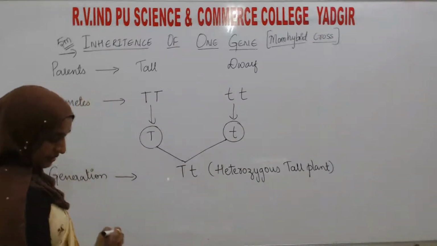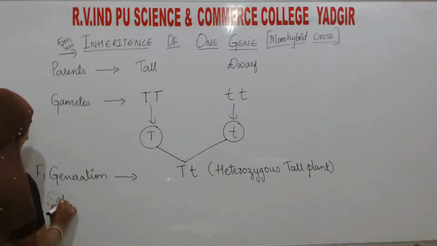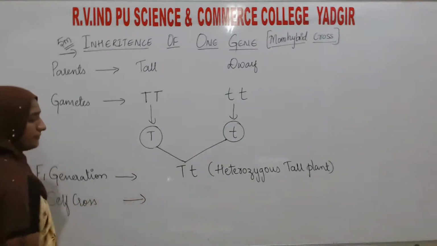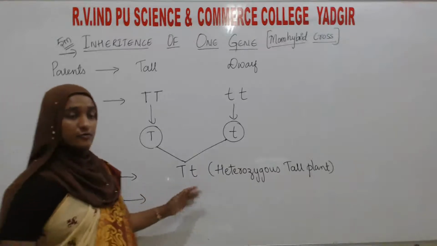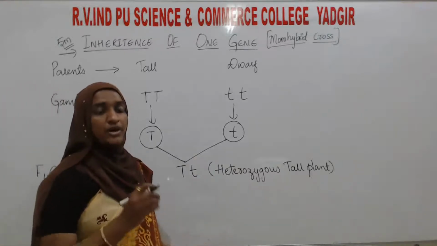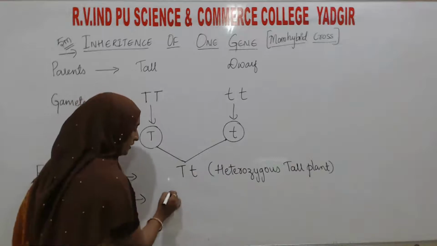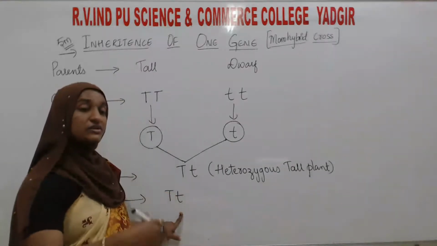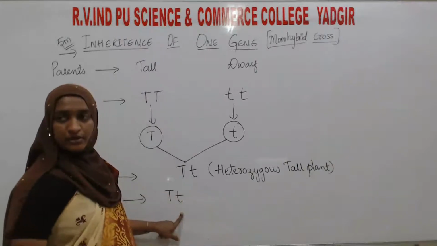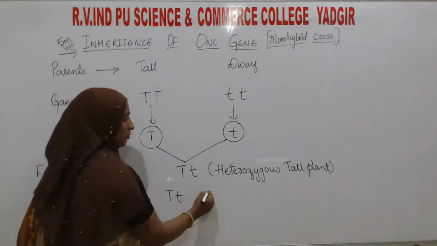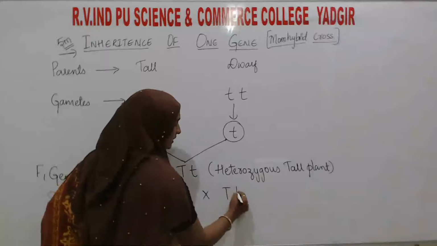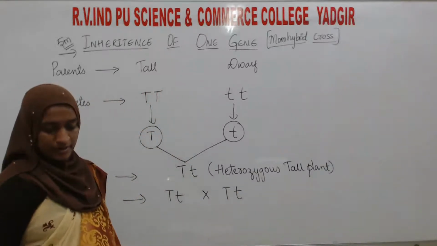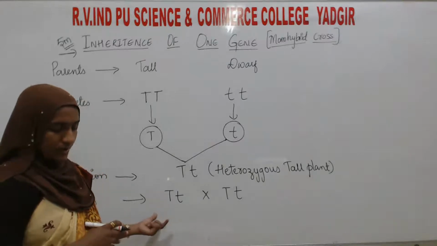That we can call self-cross or self-pollination. Whatever offspring we got here, we have to cross that particular one. We got the heterozygous tall plant. We have to cross it with the same plant. Okay, same plant means one more time we have to cross it like this.